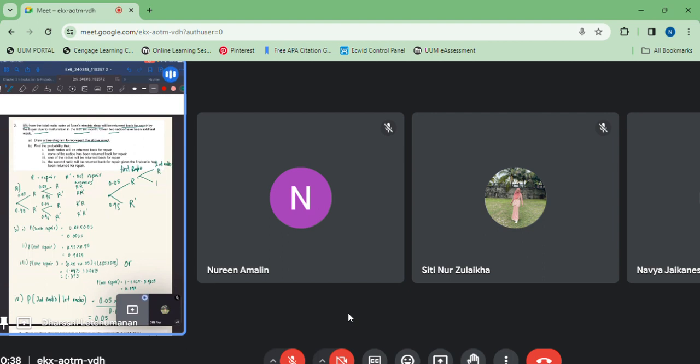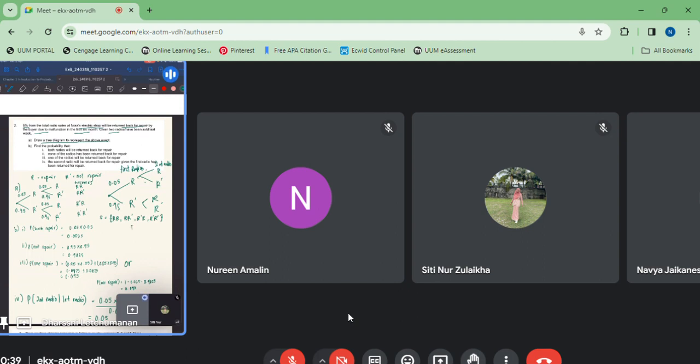So R and then R prime, R again R prime. That's all you have to write. Then you write the decimals here, 0.05, 0.95, and then you write the outcomes. Even better if you write the sample space, which is like this.